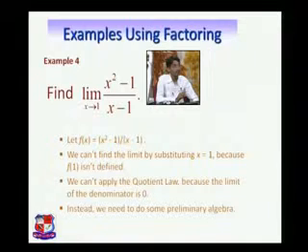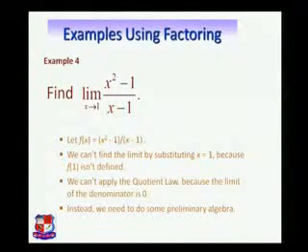So if we factorize x square minus 1, we will get x square minus 1 is equal to x minus 1 into x plus 1. What I have discussed in the PPT, we can't apply the quotient law because the limit of the denominator is 0. Instead we will need to do some preliminary algebra.